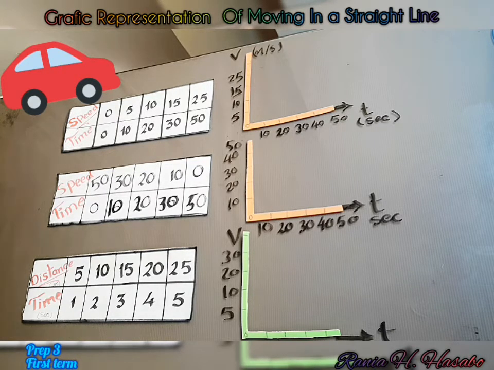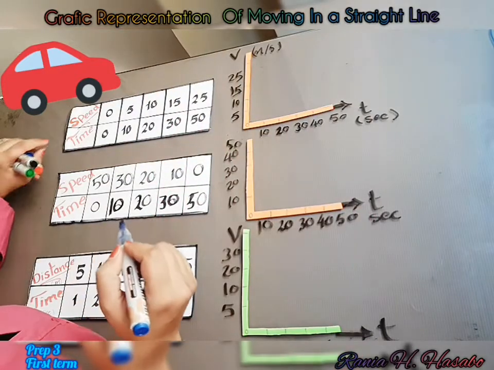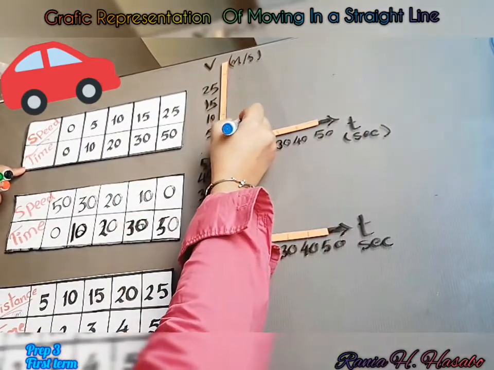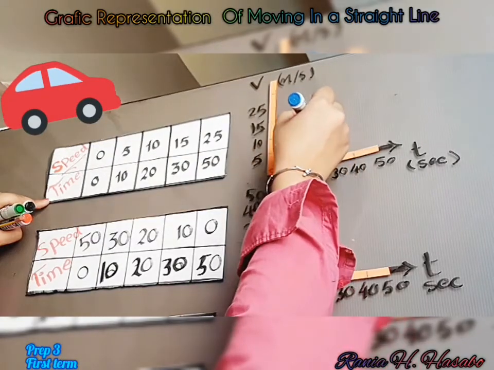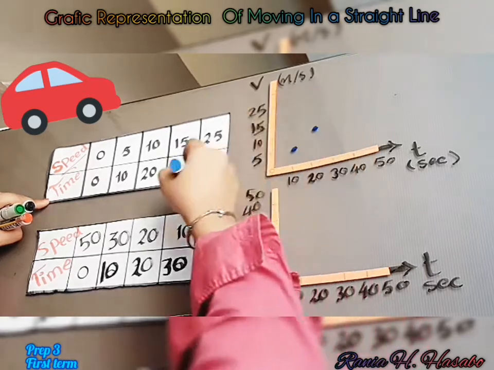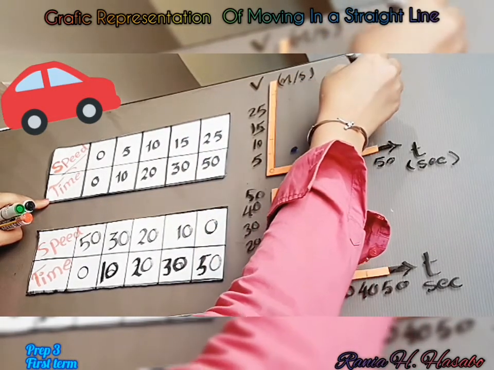The first table, speed on the y-axis and time on the x-axis. After 10 seconds, the speed becomes 5 meters per second. After 20, it becomes 10. After 30 seconds, it becomes 15. After 50, it becomes 25.